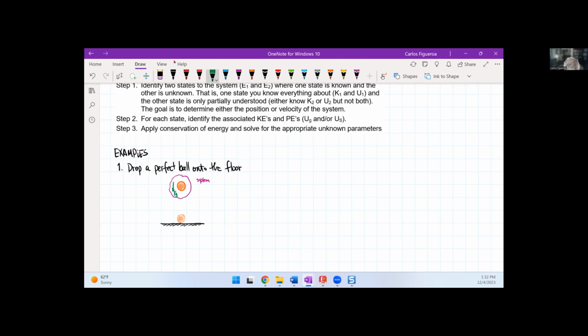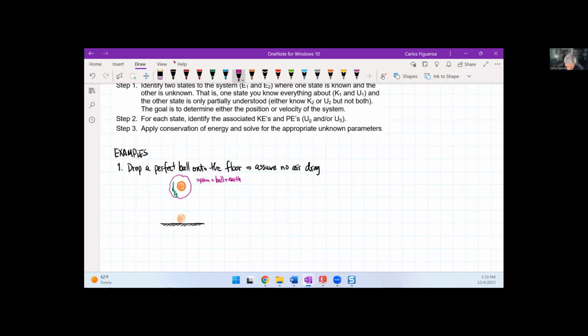If I drop this ball onto the floor, we typically assume no air drag. So are there any other forces? That means my system is really the ball plus Earth, because I have to include the force of gravity.